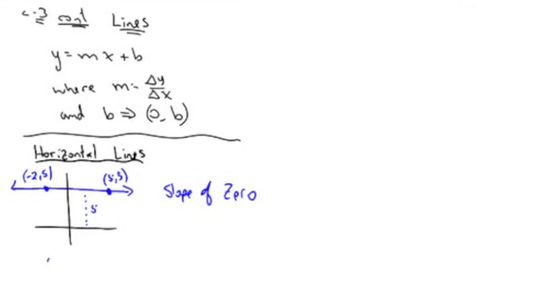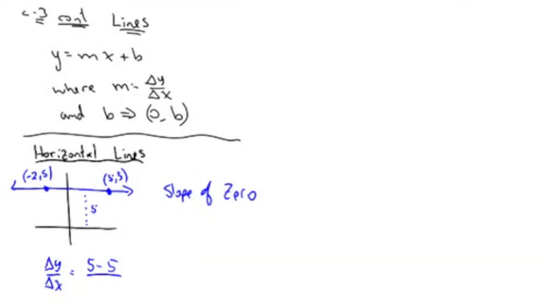All right, how do I find the slope? Well, you go change in y over change in x. What are the y coordinates for these points? Well, this one is 5 and this one is 5. So you get 5 minus 5 over change in x, so you go to the x coordinates. The x coordinate of that point is 5, and the x coordinate of this point is -2.